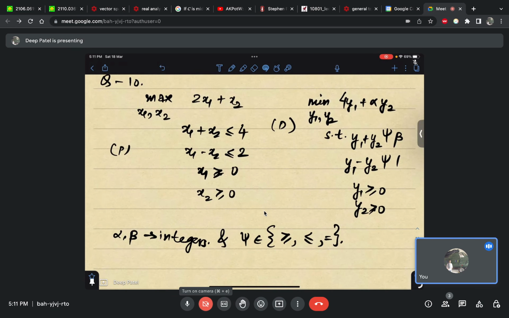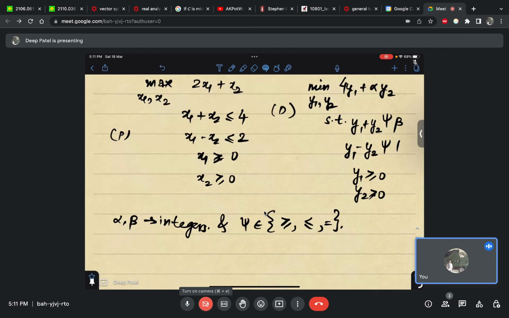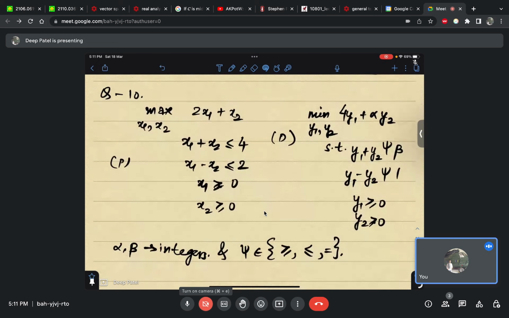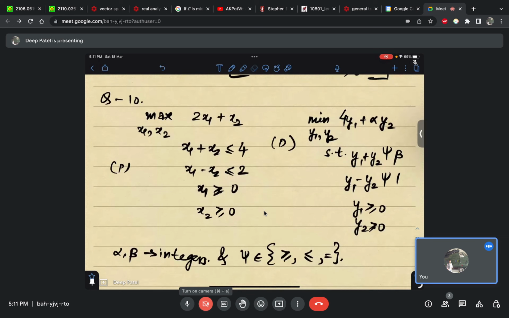We are just given the same setting of question 9 before, and now that we know what these values are, we can just replace that here.